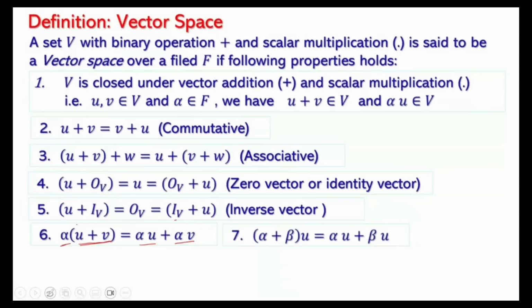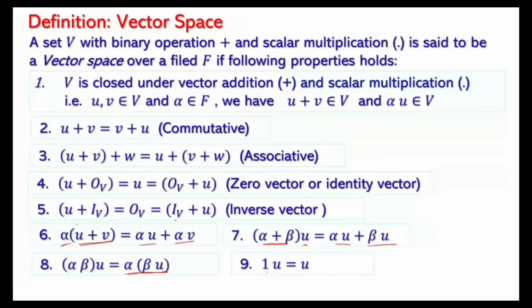These are easy to verify, so we are not going to verify them. In the same way, the scalar addition alpha plus beta over the vector u will be alpha u plus beta u. And if alpha beta multiply with u, and then if you exchange the order, the outcome will be the same. And the last property, the multiplicative identity, is 1u equal to u.